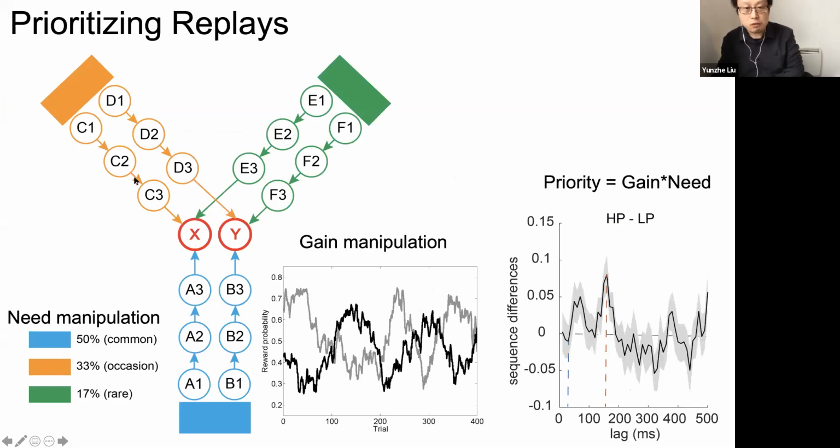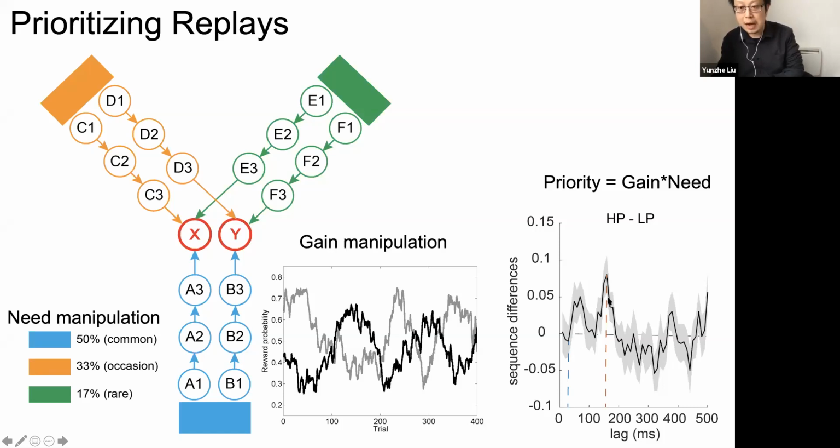And then at each trial, we can separate the high priority from the low priority. And when we do that and collapse all trials, we can detect a difference in the replay that's stronger in high priority paths than low priority paths.